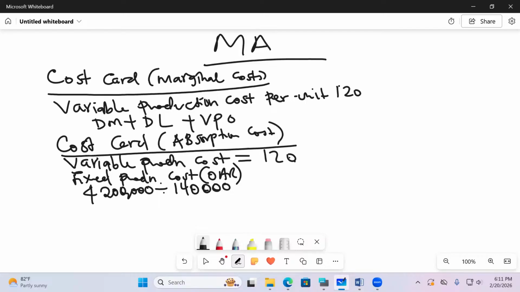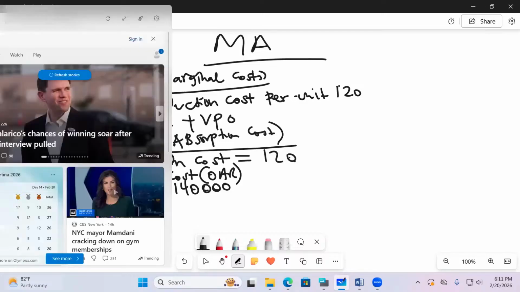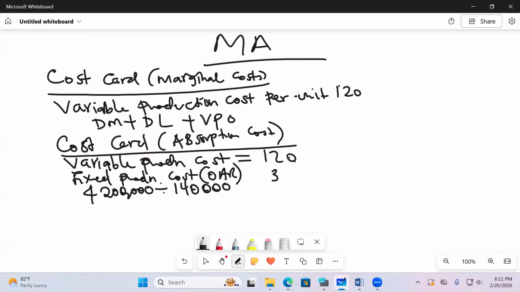So when you take this 4.2 million divided by 140,000, what figure are we getting? 30. So when you add this 30 here, you end up with 150. So basically, this is the full cost per unit, using the absorption costing method.